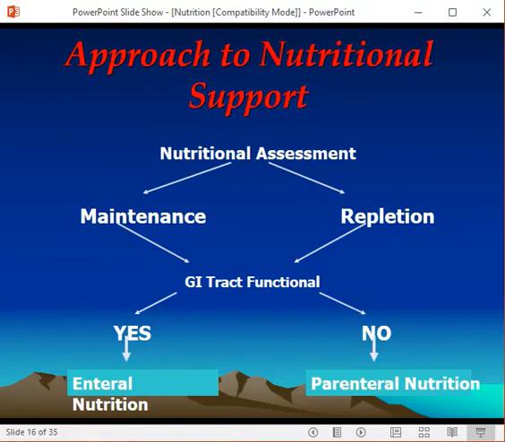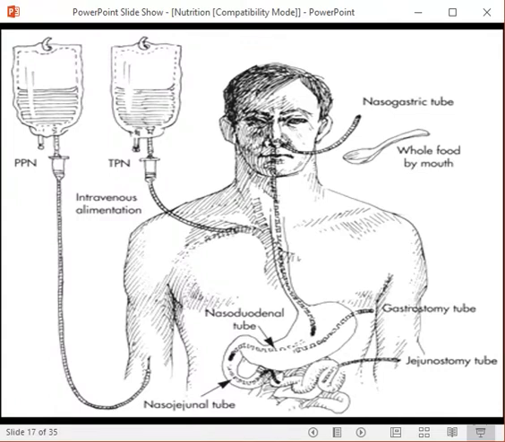And if the GIT is functional, you give enteral nutrition, and if the GIT is not functional, you are to keep the patient NPO. Then parenteral nutrition is indicated. So this is a diagram to show these different routes.